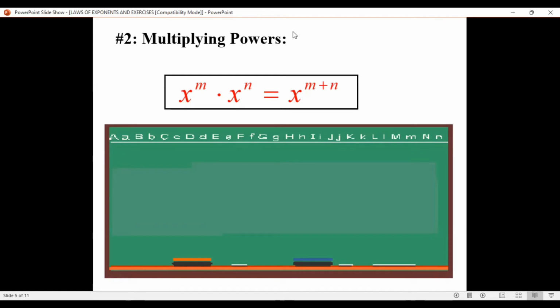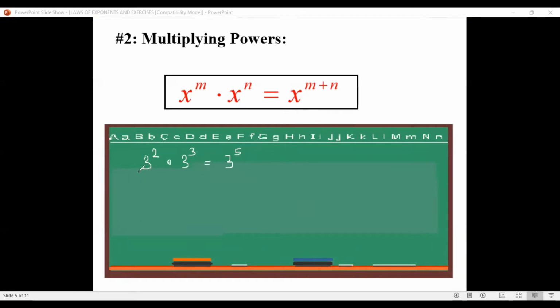Okay, so this simply means that suppose you have 3 raised to the second power, and you are multiplying this with another 3, but this time raised to the third power. So this simply means that you have 3 raised to the sum of 2 and 3, which is 5. So 3 multiplied by itself 5 times.